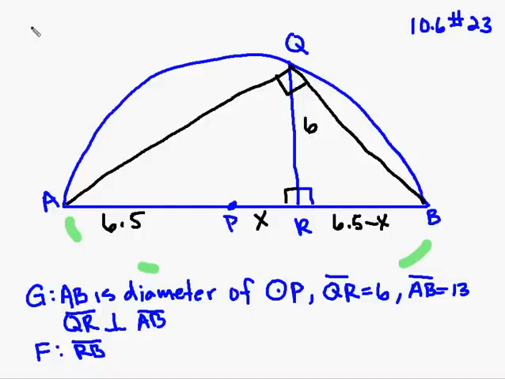So I can say that 6 squared is equal to 6.5 plus x, which is AR, times 6.5 minus x. So we're going to take that to another screen and solve this problem.